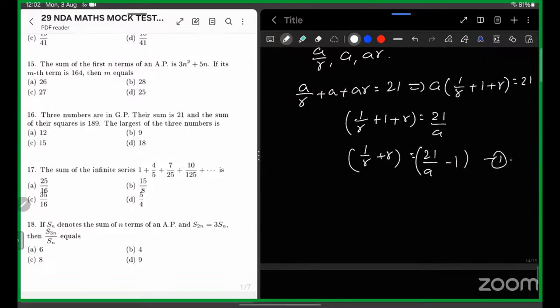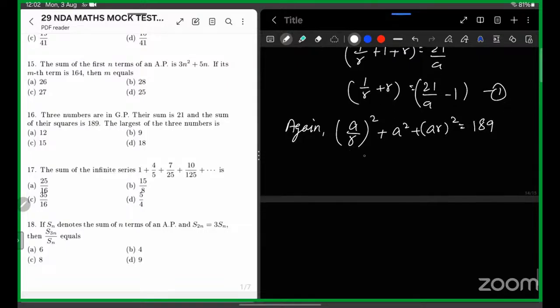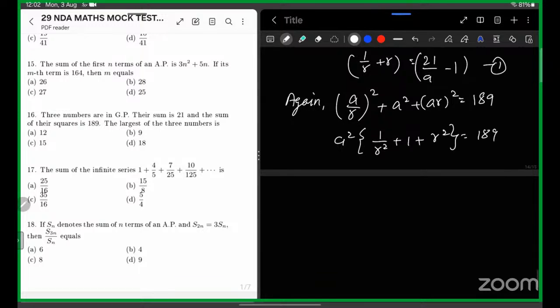This is our equation number 1. Again, they have also given that the sum of squares of these three numbers, that is (a by r) whole square plus a square plus (a into r) whole square equal to 189. So if I take a square common from here, in bracket I am going to get 1 by r square plus 1 plus r square equal to 189.